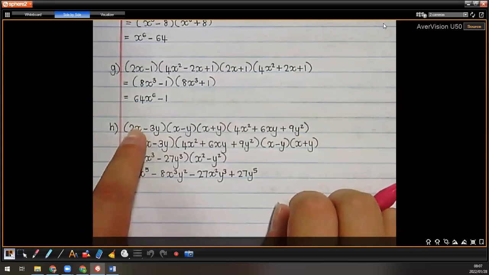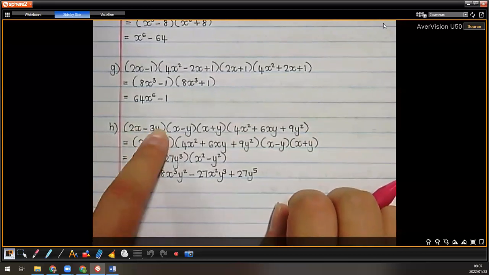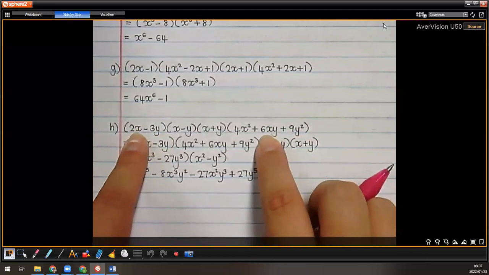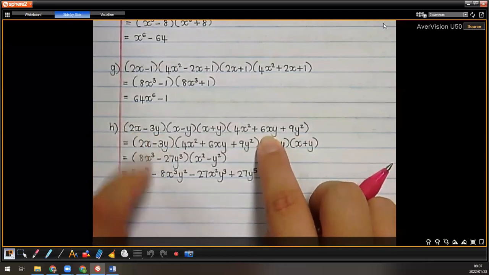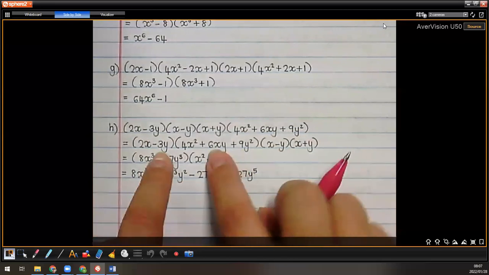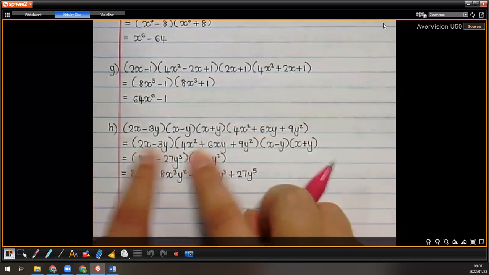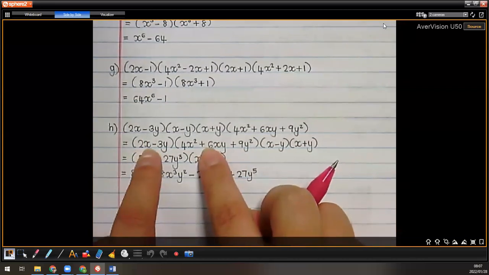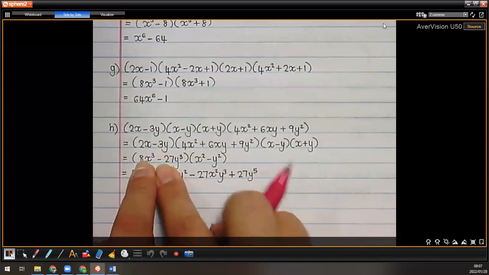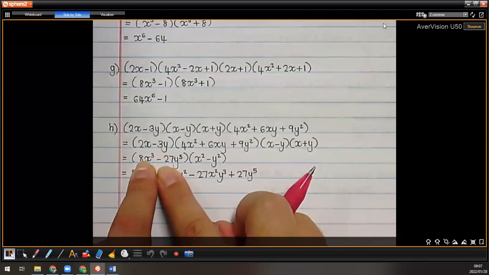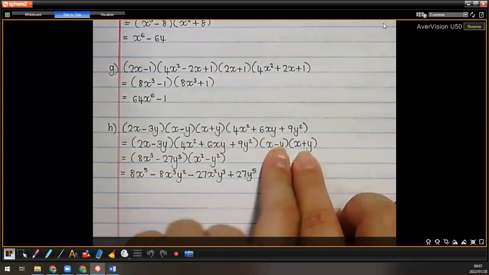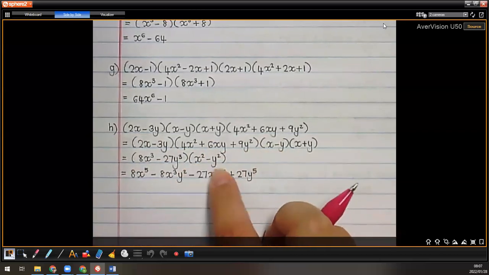If I multiply these two together, I'm going to get negative 6xy. There I have a positive 6xy. Right? So if I put these two next to each other and I multiply them together, there we go. That will be a difference of 2 squares.